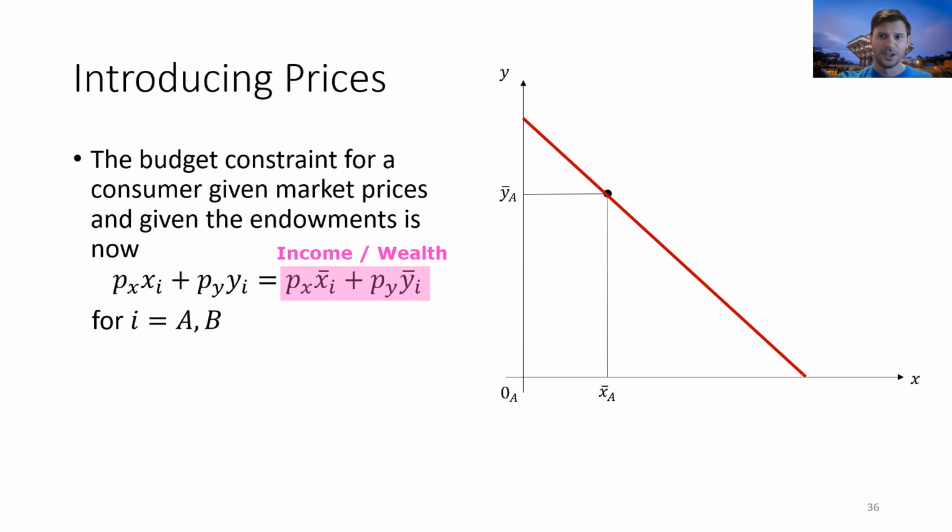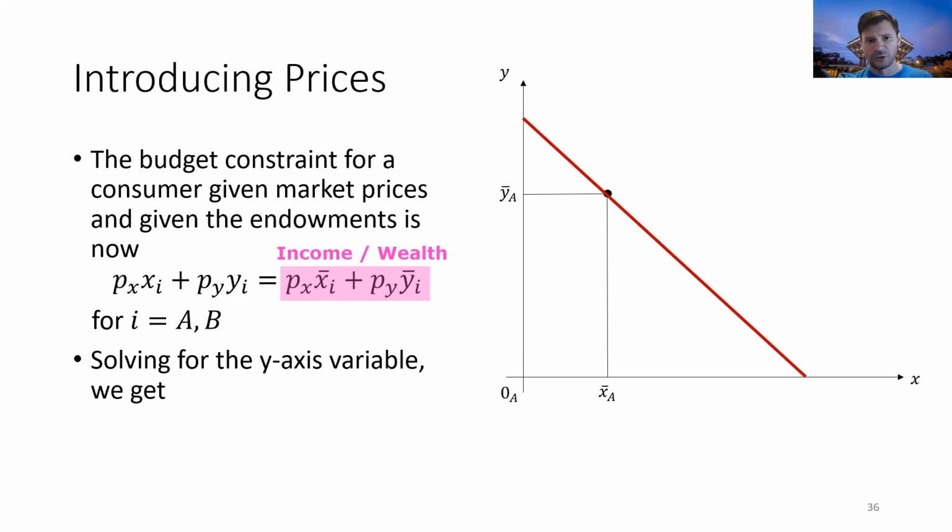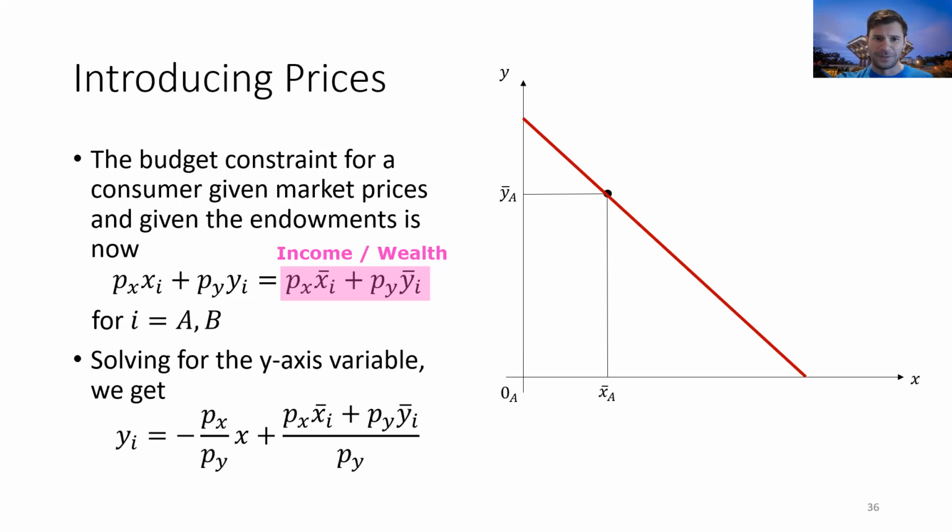So last class, we rearranged the budget constraint. We solved for the y-axis variable. And we started recognizing the usual slope of our budget constraint was the price of the good on the x-axis divided by the price of the good on the y-axis with the negative sign in front, which is very familiar. And then the vertical and horizontal intercepts were somewhat familiar: our income divided by the price of y defines the most y we could buy if we spent all of our income on y.